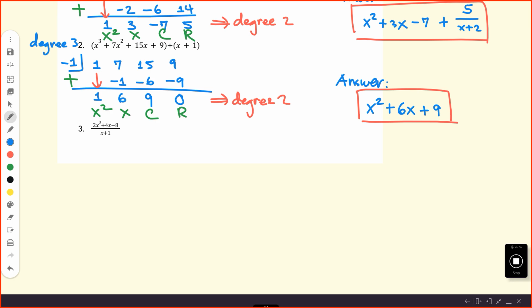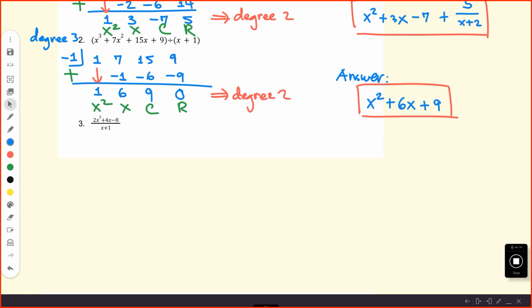Okay. Now, this is very important because, again, in your classwork, you have missing terms in your polynomial. So make sure you know that if you have a missing term, you have to put a placeholder, which is 0, for the missing term. Okay? So now, what is your k value here? -1. And then we're going to list out the coefficients. This is 2x cubed plus 4x minus 8, right? What is the missing term in this polynomial?